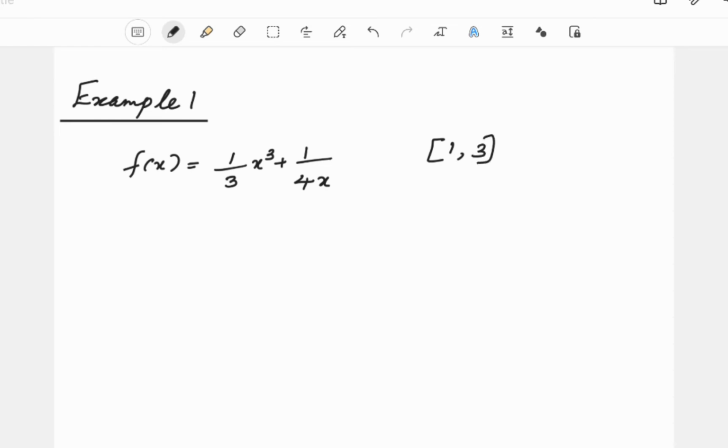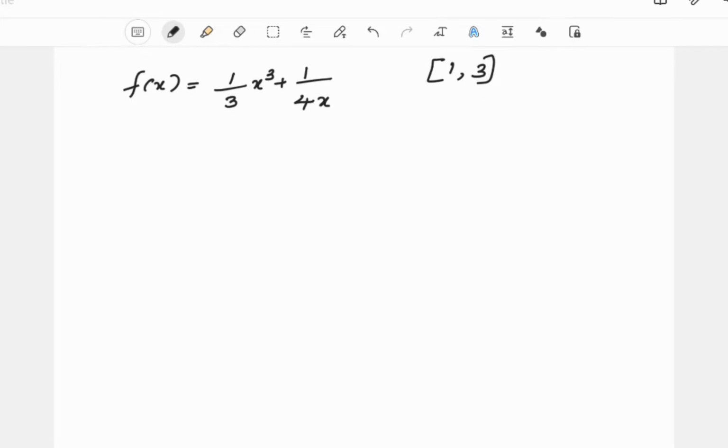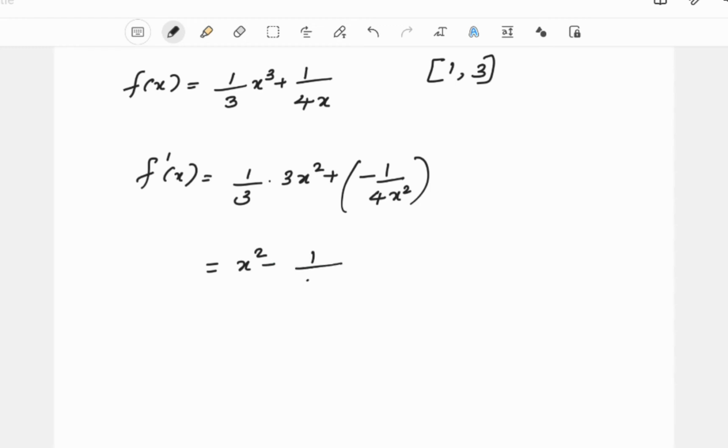So here we want to find the length of the graph of this function from x equals 1 to 3. Here we have f dash of x equals 1 by 3 times 3x square plus minus 1 by 4x square, that's equal to x square minus 1 by 4x square.